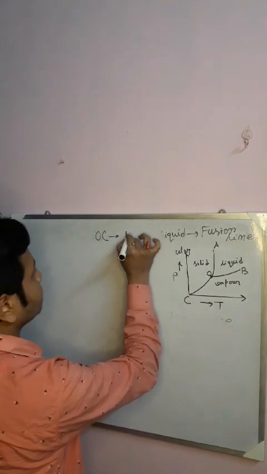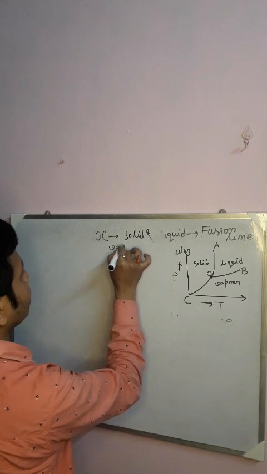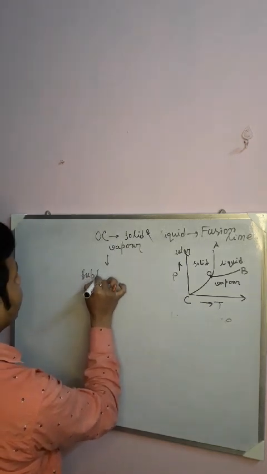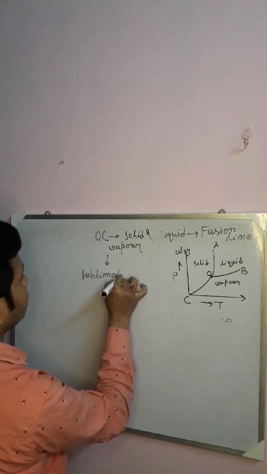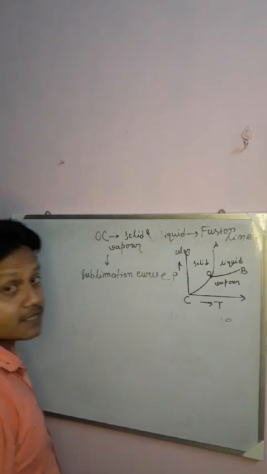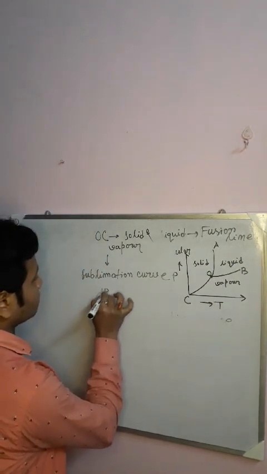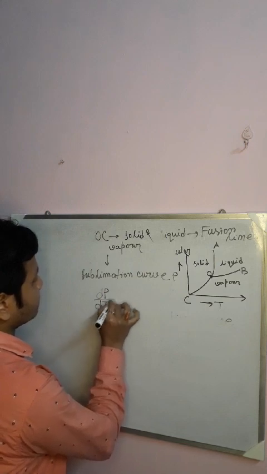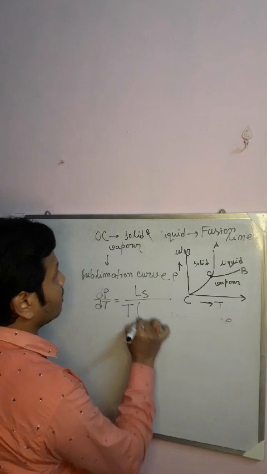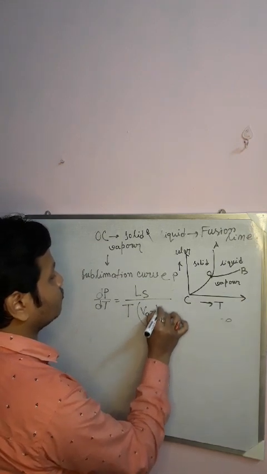So it represents the equilibrium condition between solid and vapor, and that's why this is called the sublimation line or sublimation curve. And the Clausius-Clapeyron equation in this case is the latent heat of sublimation divided by T into (Vg minus Vs), the volume of gas minus the volume of solid.